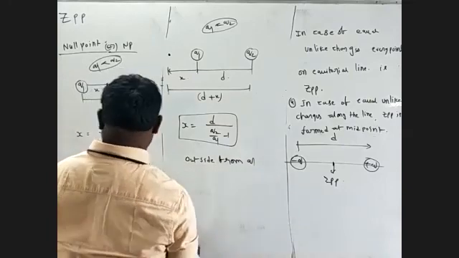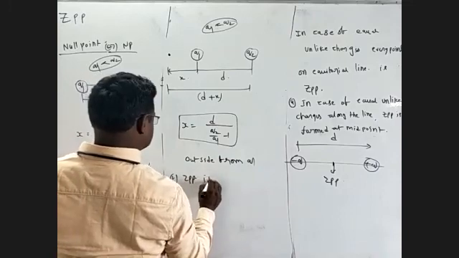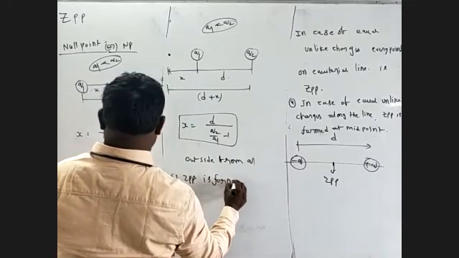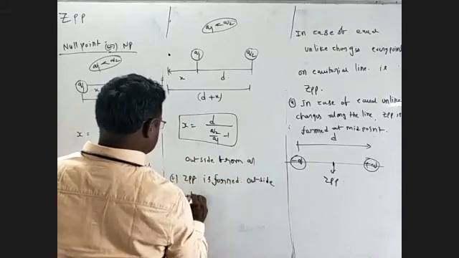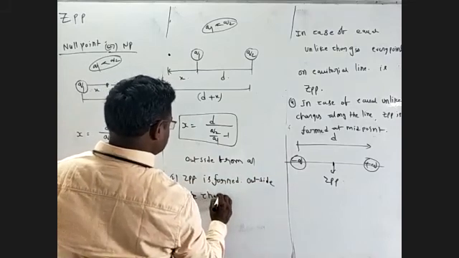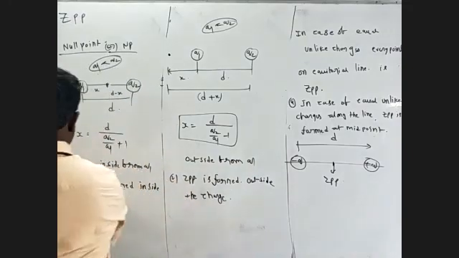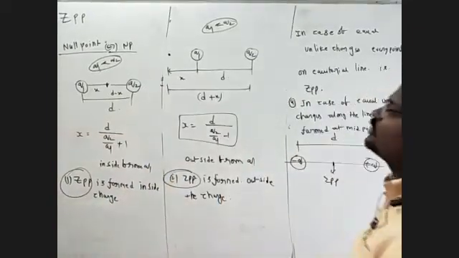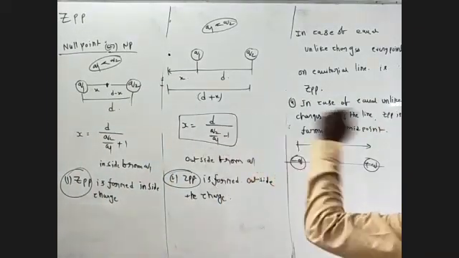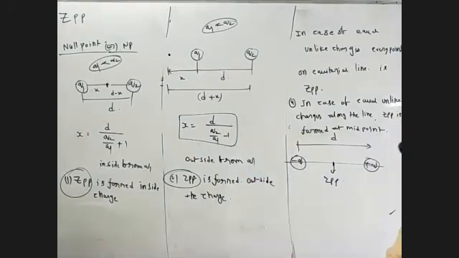So a ZPP is formed outside the charges. Finally, two ZPP are formed: one zero potential point between the charges, and one outside the charges.